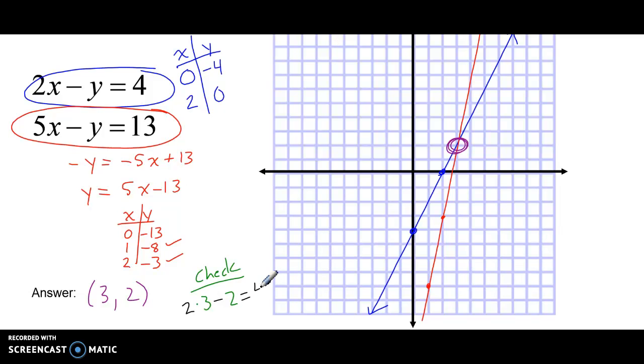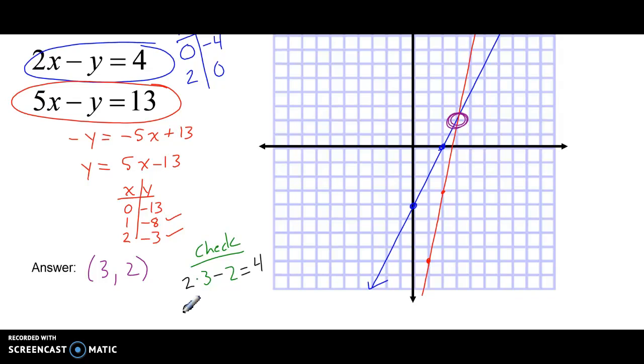Except there's 2 equations. You got to check both of them. So you got to plug into the second equation, x and y. And do they both work or not? If either one of them fails, your answer's wrong. They both have to work.